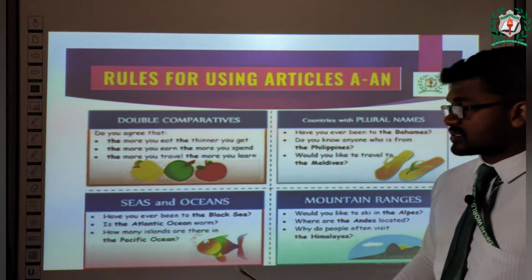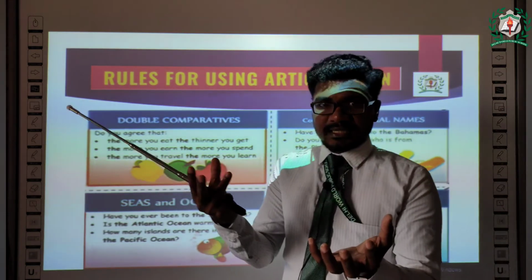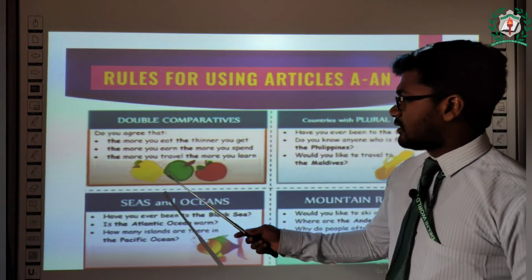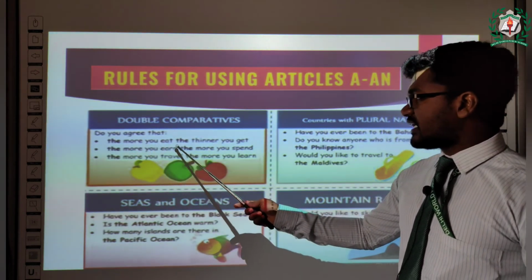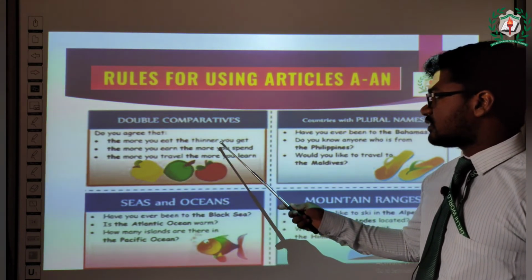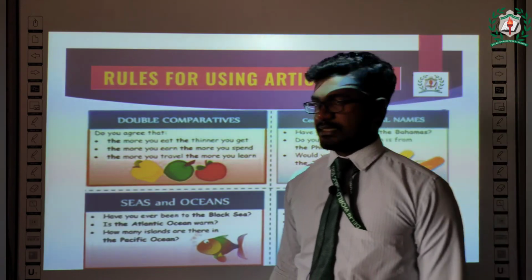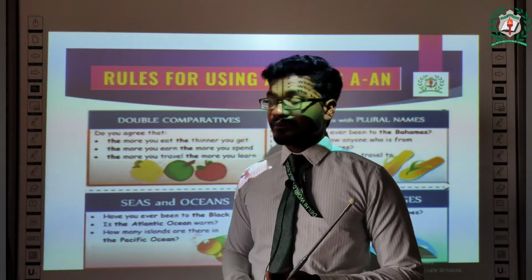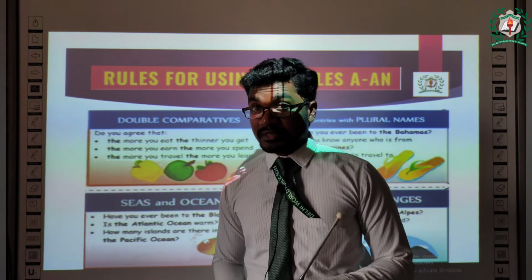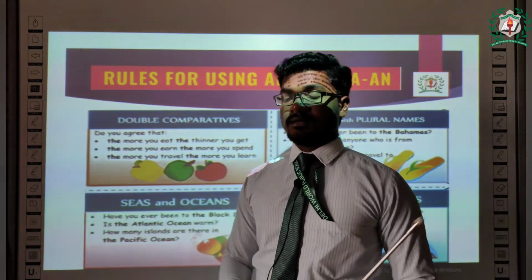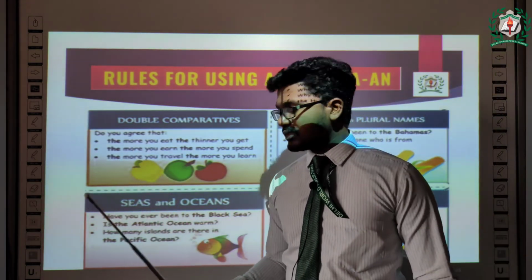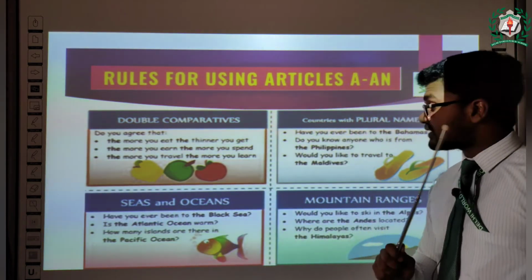Double comparative means you are comparing one thing and another thing, right? Like the more you eat, the thinner you get. In this case you have to use the. You should not use indefinite article. You should use only definite article.